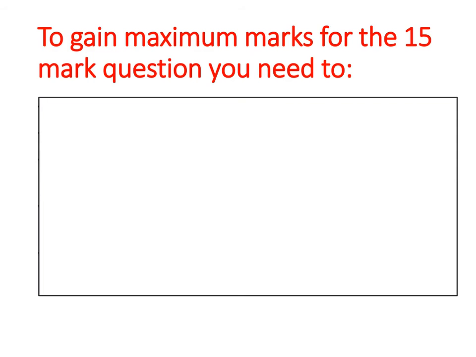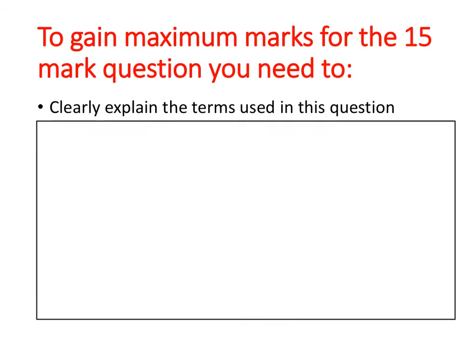Now, to get maximum marks on this section of the paper, you need to make sure that in the opening paragraph you clearly explain any of the sociological terms that are used in the question. So if the question's about socialisation, that needs to be defined in the opening paragraph.